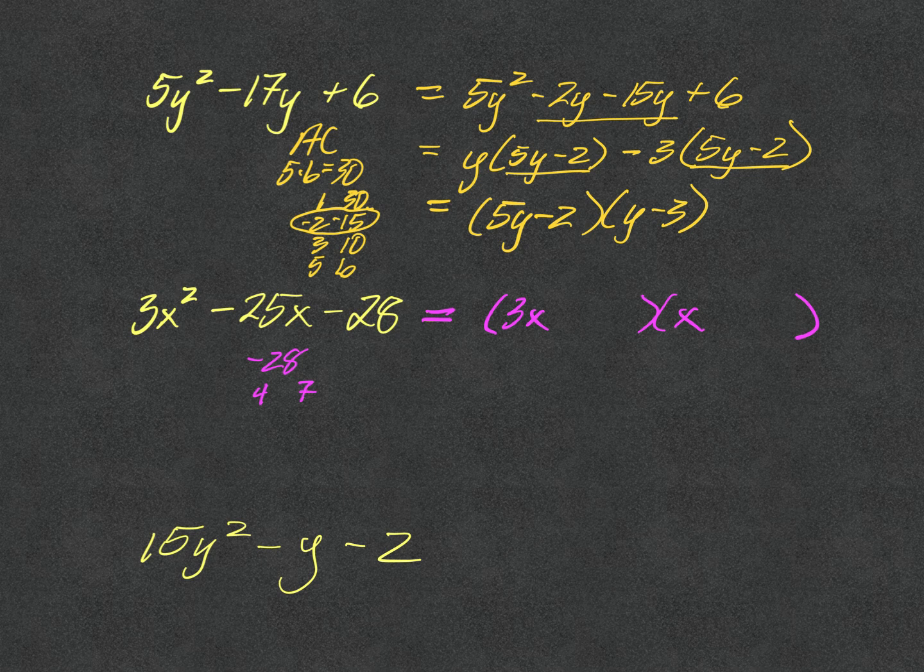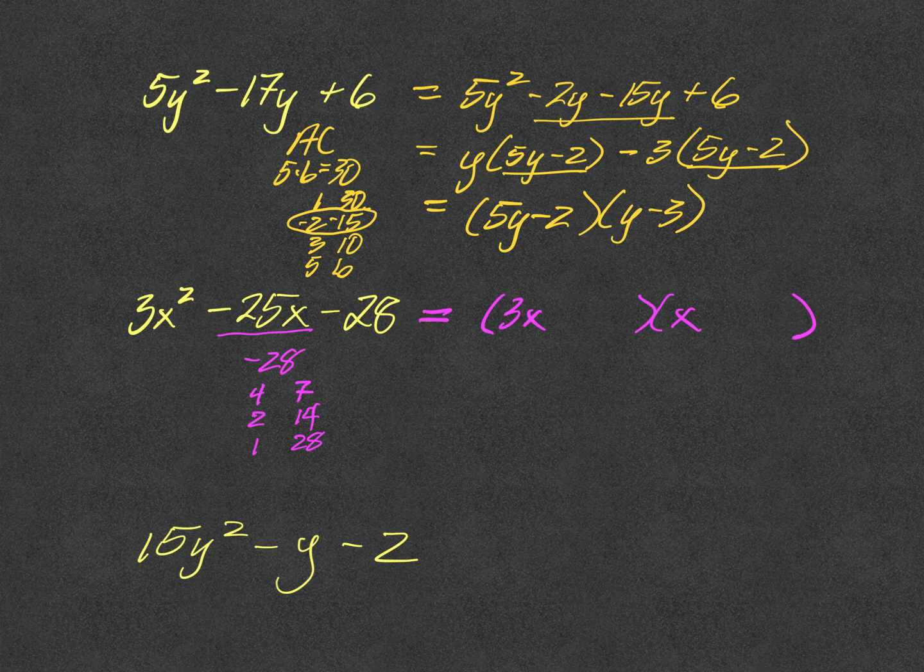So 4 and 7, 2 and 14, and 1 and 28. Those are the options. Now, as you notice with guess and check, you really do have to guess and check. And I've got to get a negative 25 here. So since I want a negative, let's try negatives.